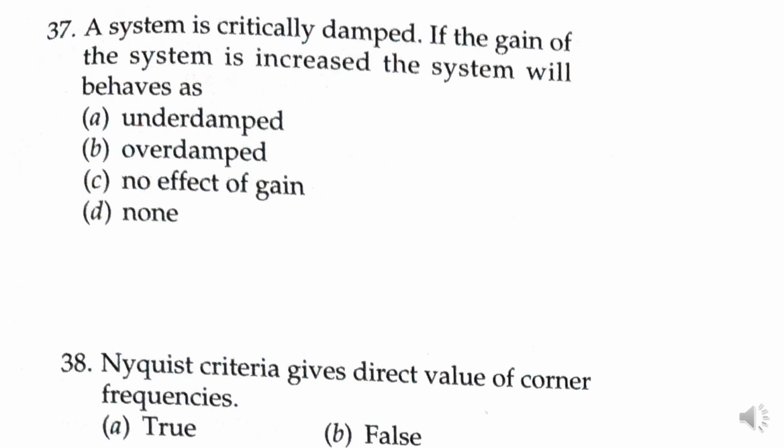Next, a system is critically damped. If the gain of the system is increased, the system will become underdamped. It is the correct answer. Nyquist criteria gives direct value of corner frequency, that is false.